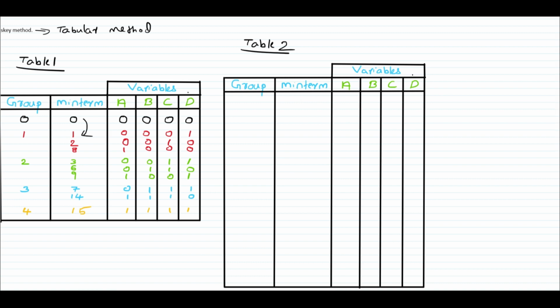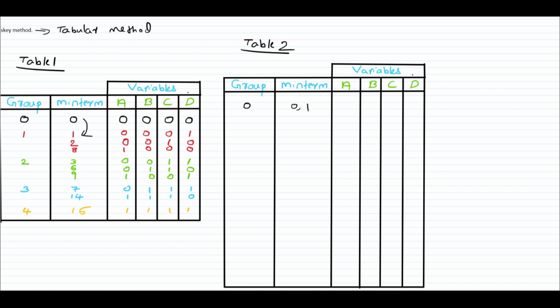Since we are going to compare group 0 with group 1, we are going to write here group 0, because we are going to compare group 0 elements with each element of group 1. First we have compared 0 and 1. Minterm 0 and 1. 0 is group 0 and 1 is group 1. Only one bit change is there, only D is changing. So we can write it as 0, 1.